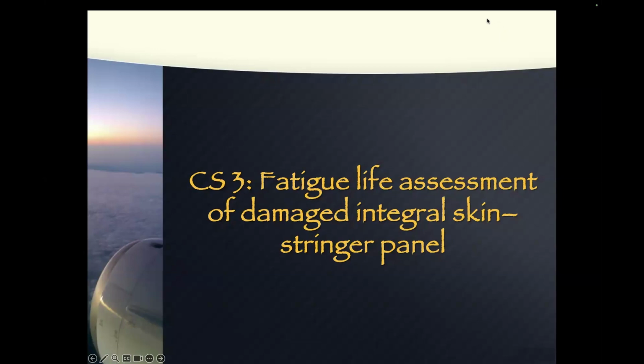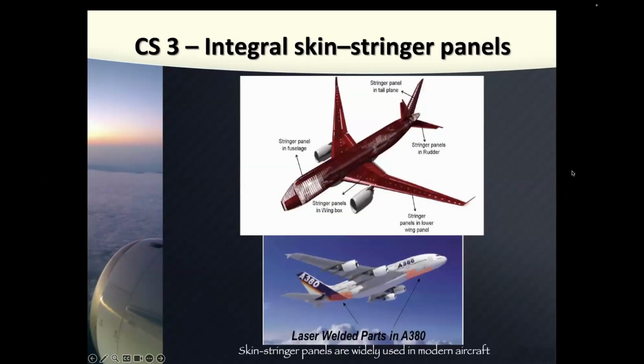Okay, what I'm talking about: fatigue life assessment of a damaged integral skin stringer panel. This was not my project. This was a project of the Airbus company. And you can see this is the image of the Airbus 380, one of the biggest commercial aircraft in the world.